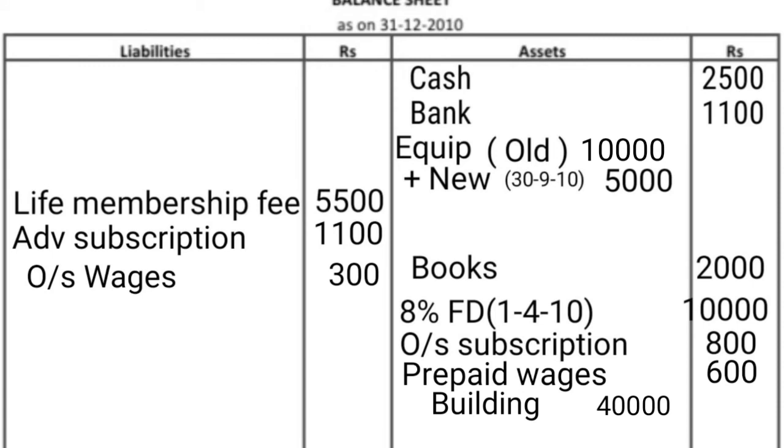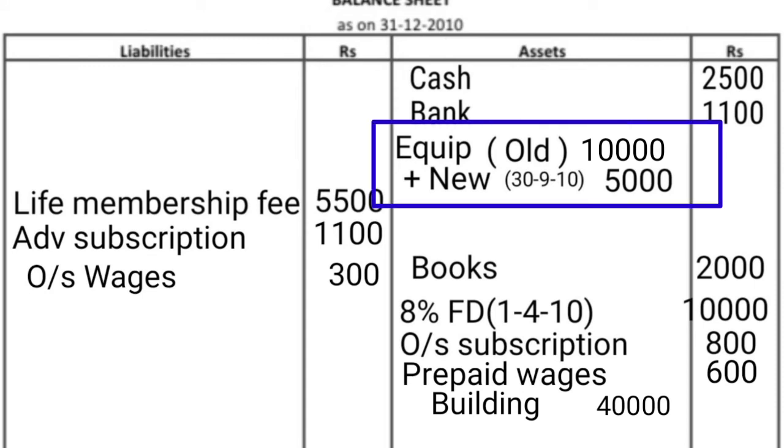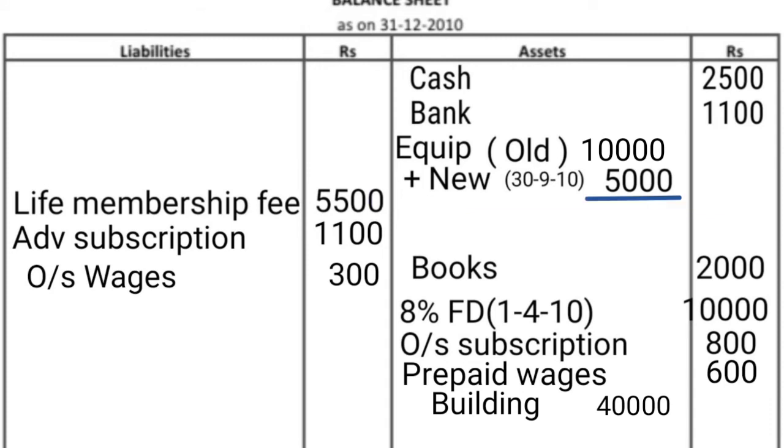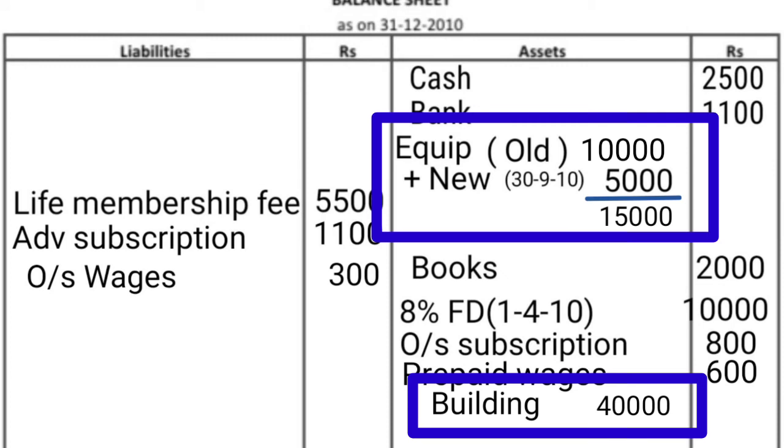So that's why I wrote the amount in the inner column. See here, the old value of equipment 10,000 and new value 5,000, and the total value of equipment is rupees 15,000.